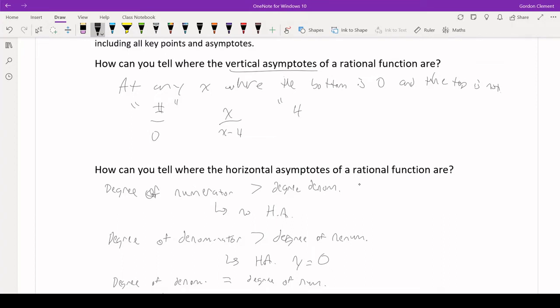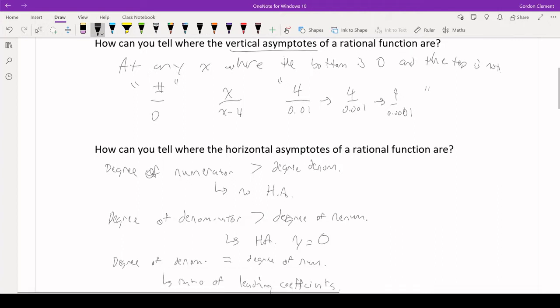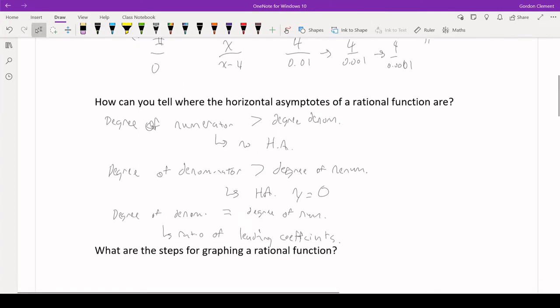So you'd get something that looks like 4 over 0.01, and then 4 over 0.001. And as you get closer and closer to 0, this division gets larger and larger because you're dividing by smaller and smaller things, and so the numbers get really, really big, and that's why we see the graph heading off to infinity. And then at 4, there's no point there because you can't plug in 4 to that function. So that's why the point's missing there.